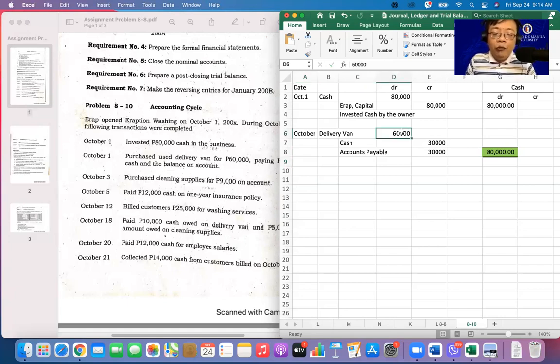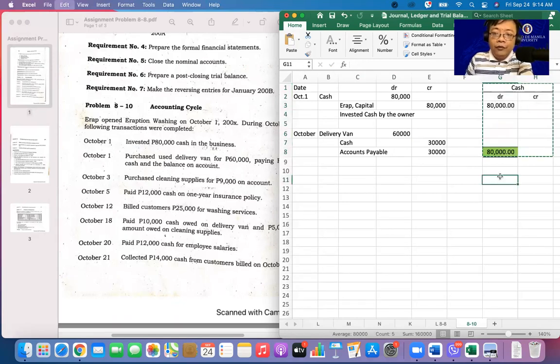If we decrease our cash, it should be credited. If you increase your accounts payable, if you increase your liability, it should be credited. We credit accounts payable? The answer is yes. We are correct in our debit and credit.